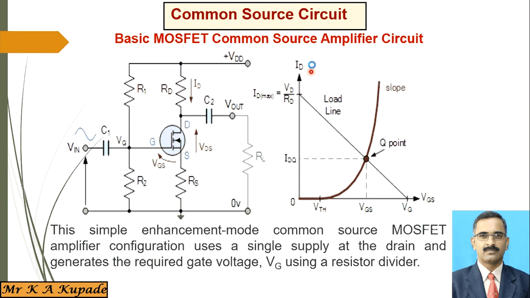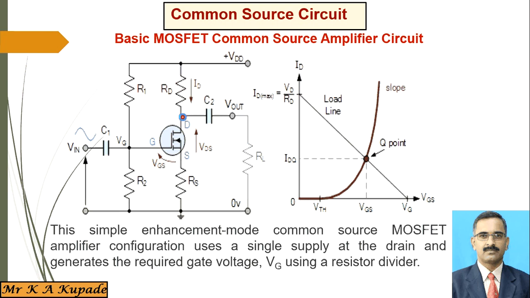So from this circuit diagram you can understand that only a single power supply is needed for the entire circuit. And here, common source, the source terminal is acting as the common terminal for the input as well as the output.